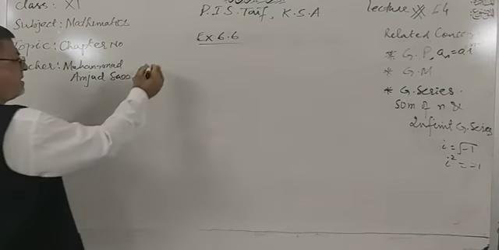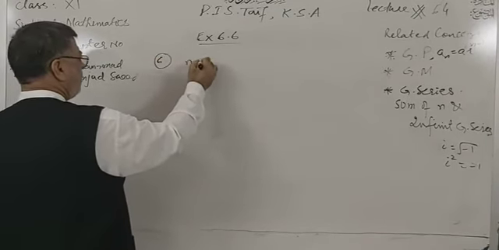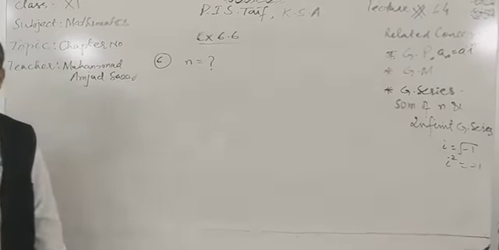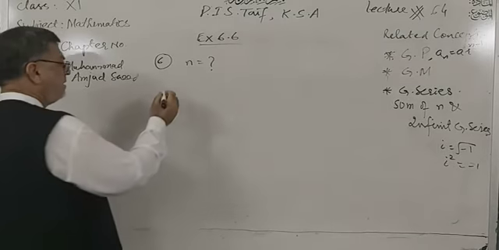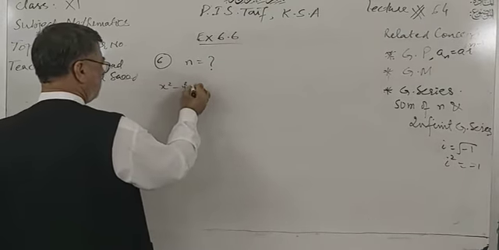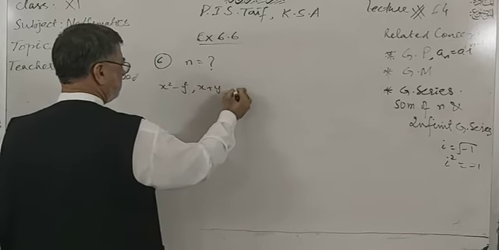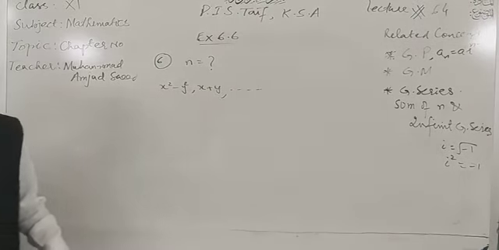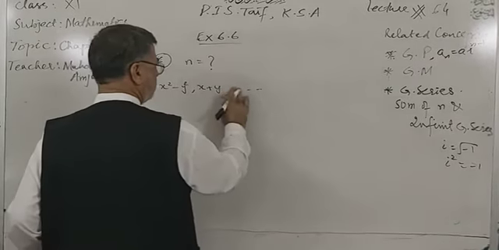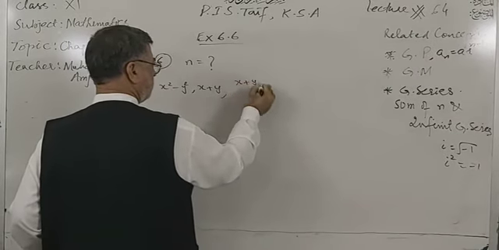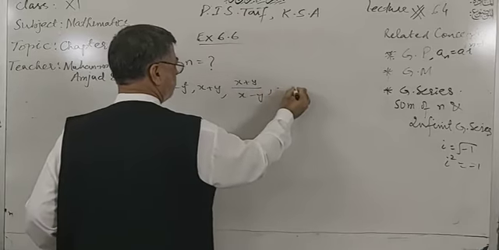Question number 6 is which term? It means that you have to find value of n. Which term of the sequence x square minus y square, x plus y, up to so on, and then x plus y over x minus y, up to so on.